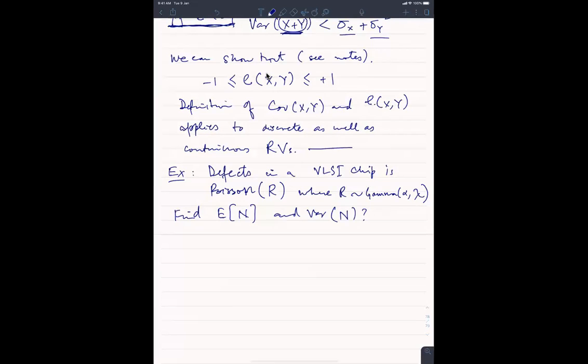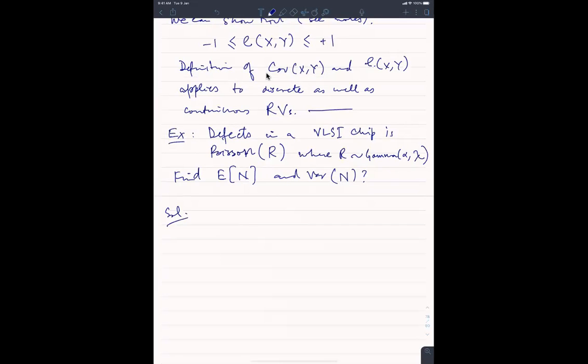इसको कैसे सॉल्व करेंगे? Expected value of n would be equal to expected value of conditional expectation, expected value of n given r. But given r, n is Poisson with parameter r. Poisson की expected value क्या होती है?